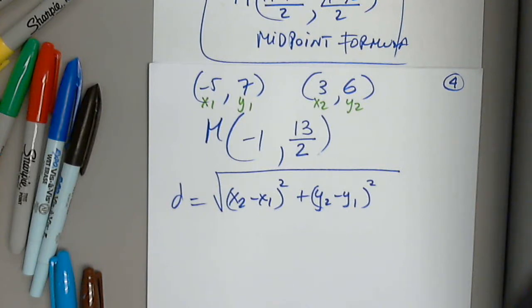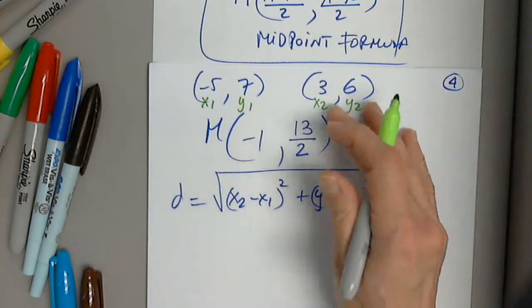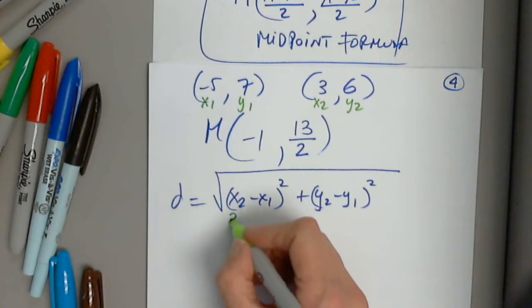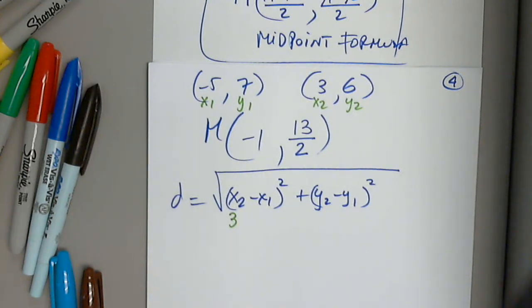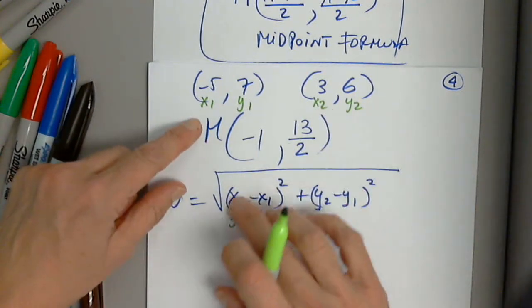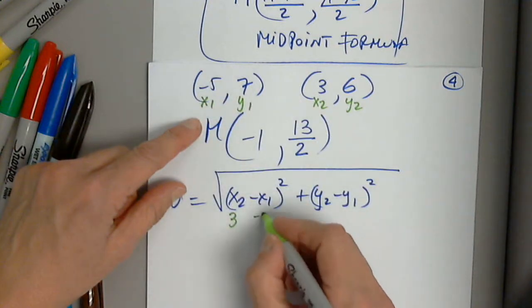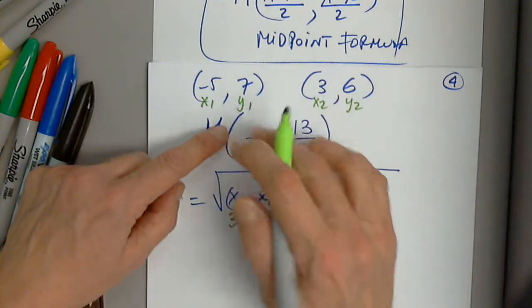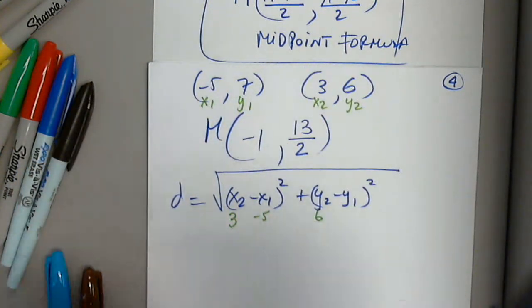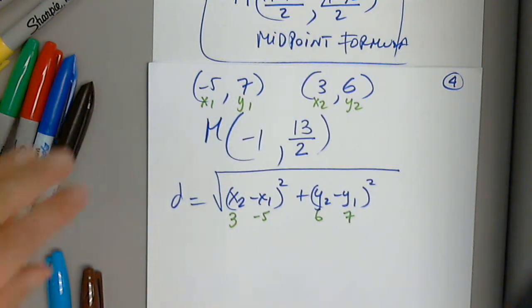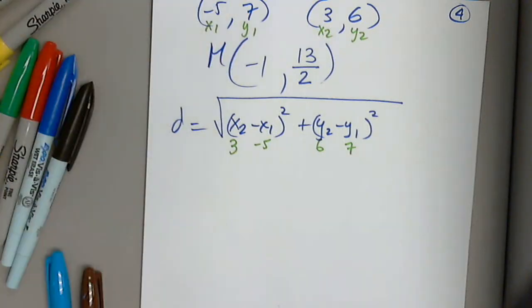It doesn't matter. I will write them underneath so I don't have to write them again and write the distance formula again. It's up to you. You choose the method. But I prefer this. And I write x1, which is -5. And I write 6 for y2. And I write 7 for y1. I think it cuts back on writing a little bit, but you choose the method you like.